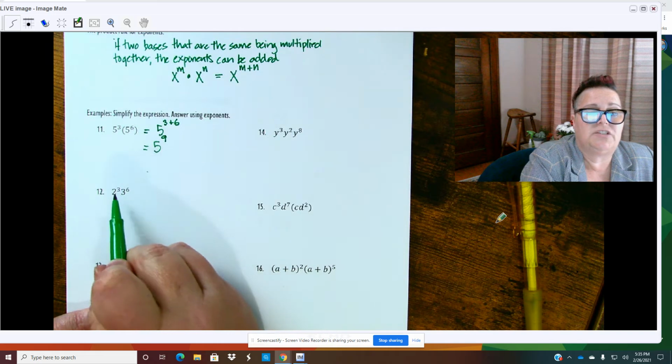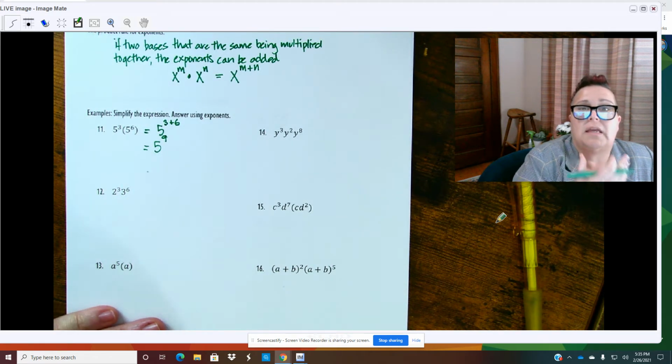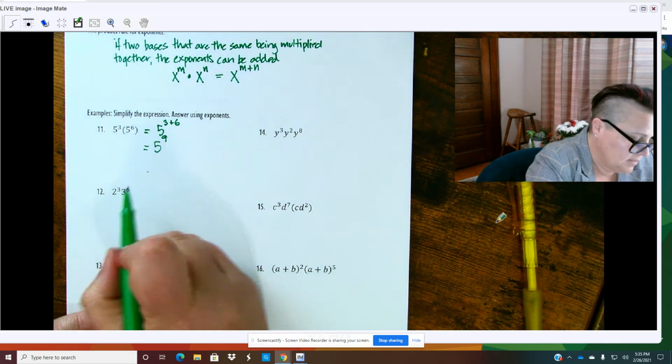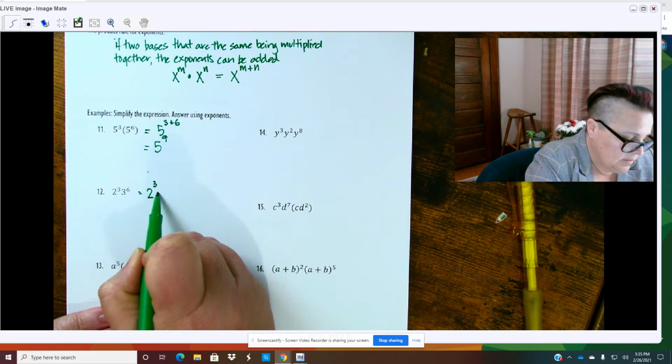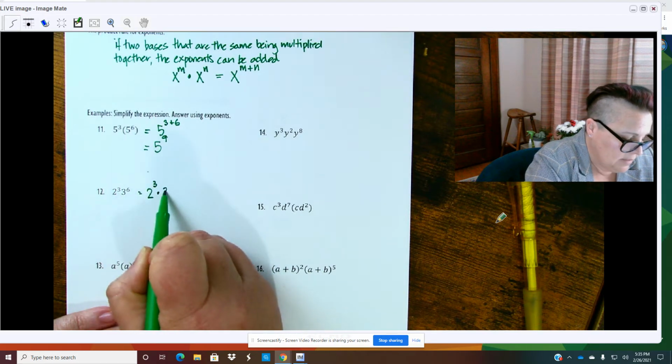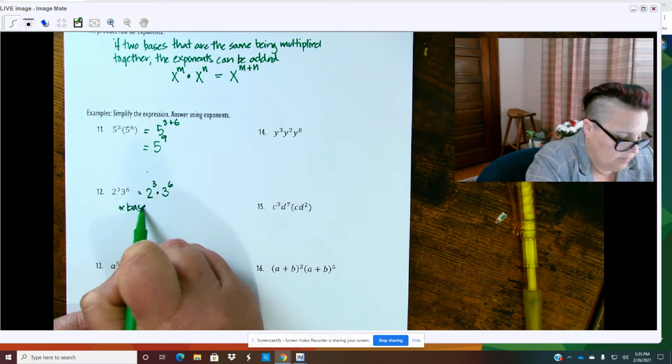The second one is 2 to the third times 3 to the sixth. In order to use the rules, are the bases the same? This one has a base of 2 to the third power times a base of 3 to the sixth power. The bases are not the same.